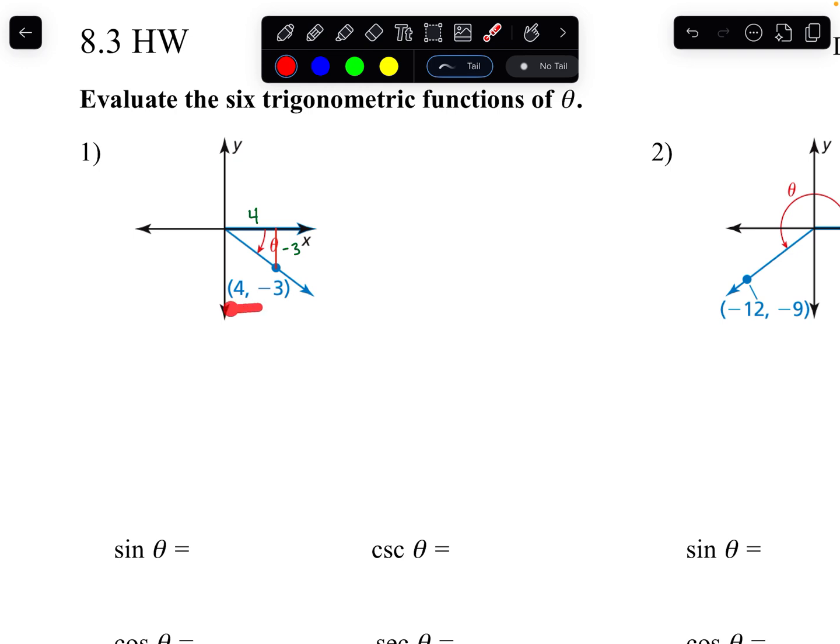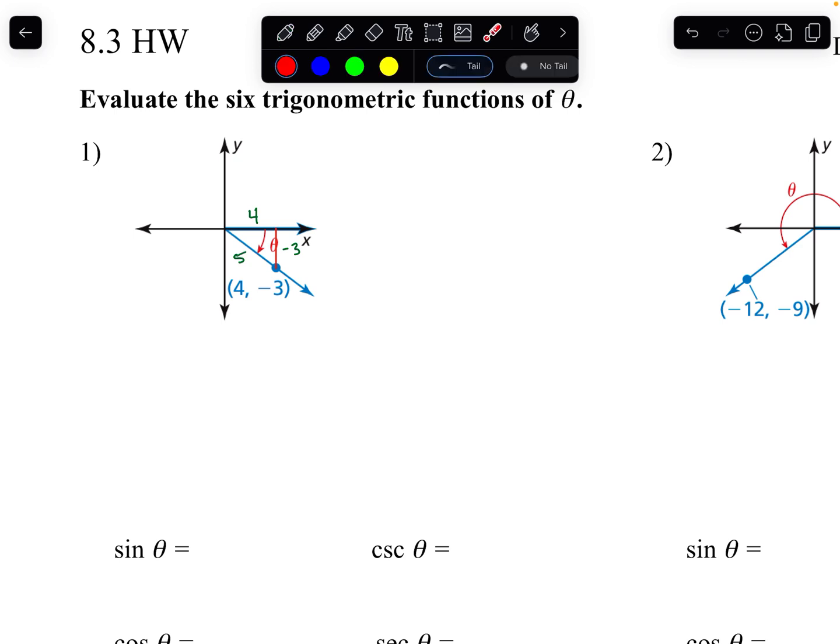If I use the Pythagorean theorem, 4 squared plus -3 squared equals c squared, I get that the hypotenuse is 5.